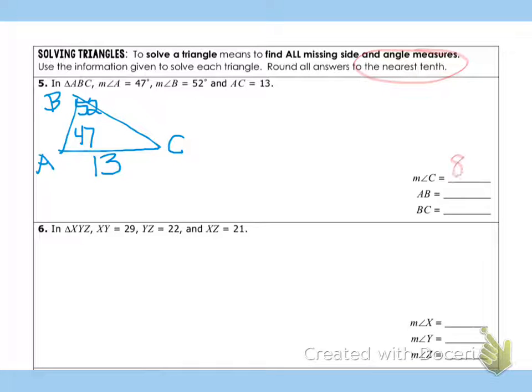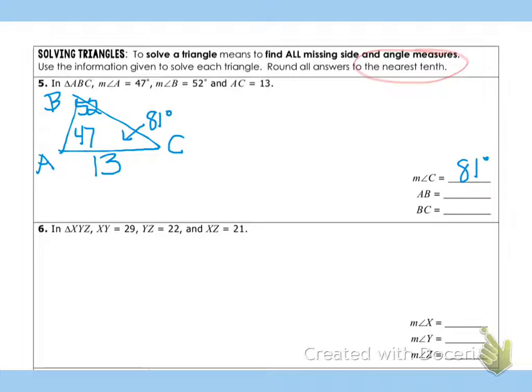So there's one down, 81 degrees, that missing angle. That's the easy part. I don't really need that right now, but I might need it later.